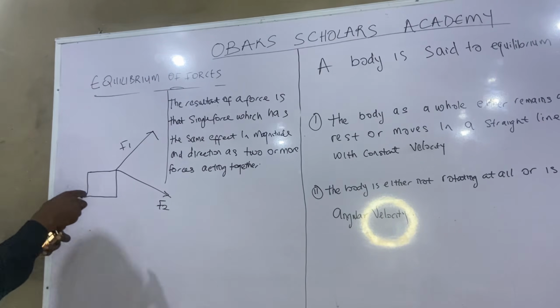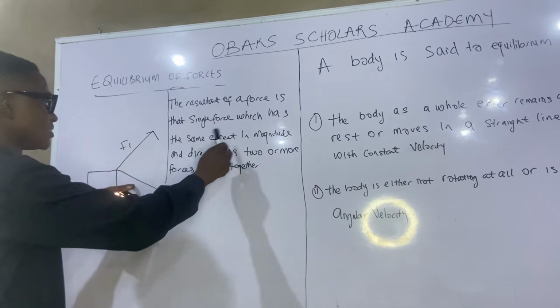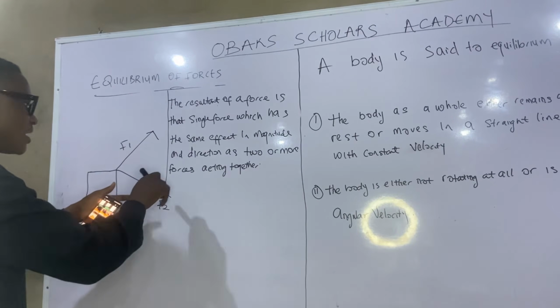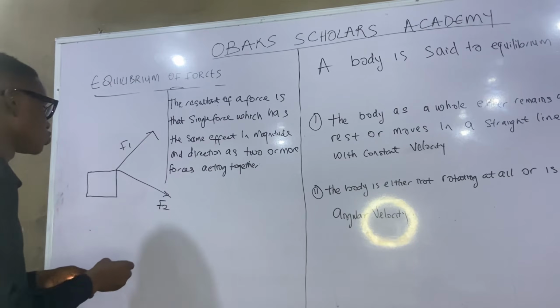So, if we are looking for the resultant of these forces, it is that single force which has the same effect in magnitude and direction as two or more forces acting together.